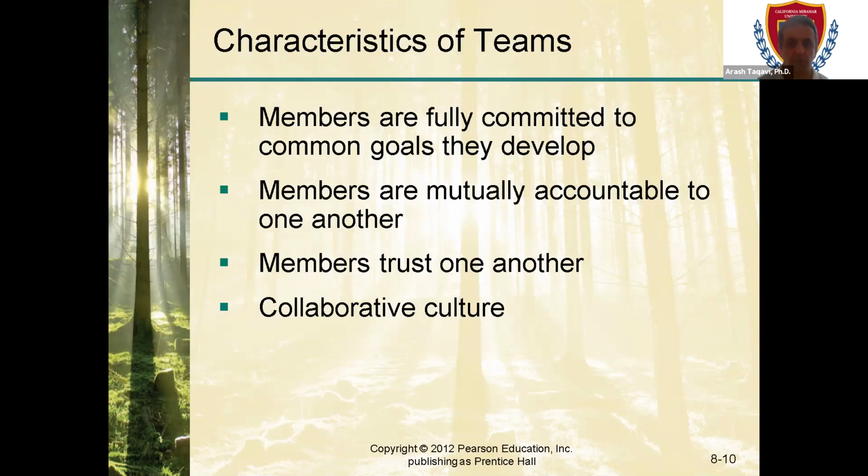Collaborative culture, we talked about it before. For example, in conflict situations, you have five situations. One, you not only don't consider your issues, you don't consider other people's concerns. It's avoidance. You want to go out of the conflict. When you only consider your own concerns and not the concerns of other people, it is competition.